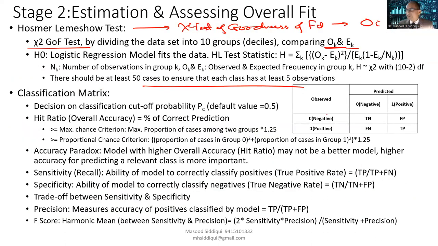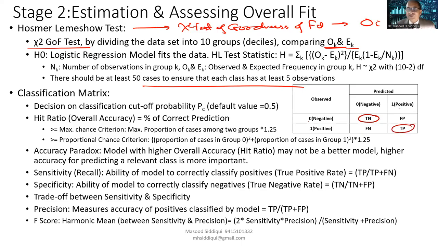Here we have the observed value. Here we have 0 or the negative value, meaning not happening, and 1 or the positive value, meaning happening. And related to the predicted part, 0 is the negative, which is not happening, and 1 is the positive, that is happening. This is true negative, which is the correct prediction. This is true positive, which is also a correct prediction.